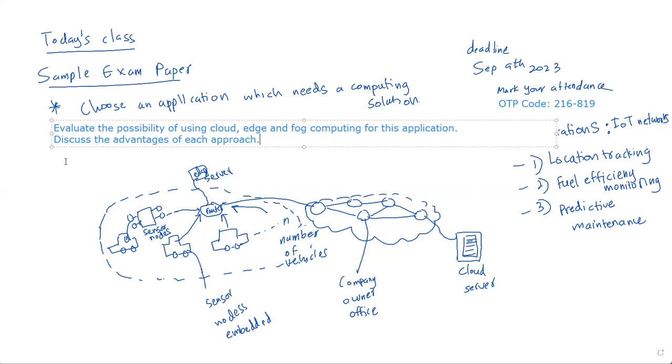The second question is about evaluating the possibility of using cloud, edge, and fog computing for this application, and discussing the advantages of each approach. Basically, you need to select one of the applications, and you have to consider the possibility of using all three computing technologies for this application.